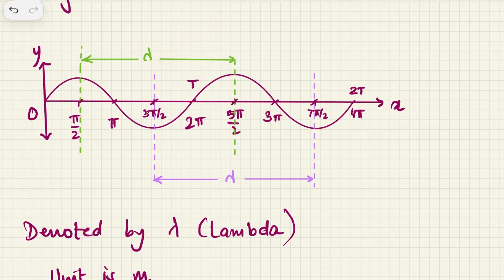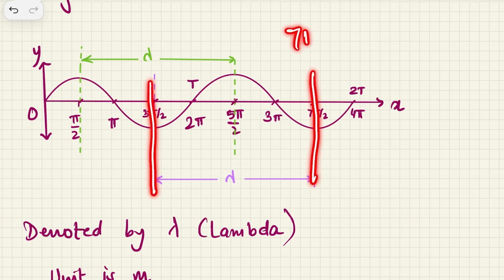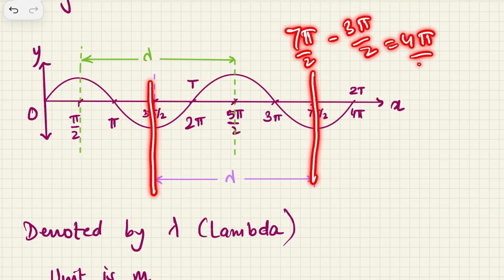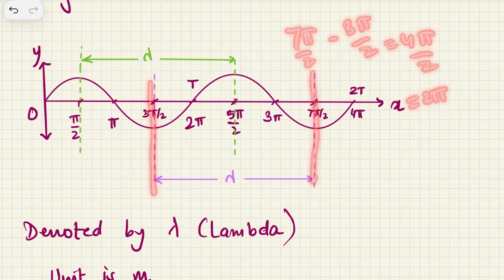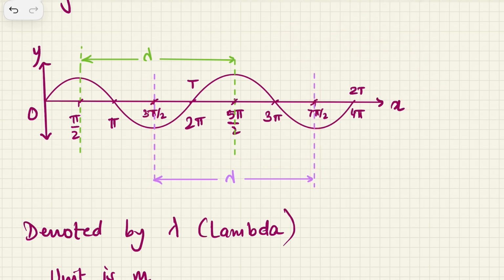Now you can take any 2 points here and do it. Say I take 7 pi by 2 and 3 pi by 2. 7 pi by 2 minus 3 pi by 2, I get 4 pi by 2, which is equal to 2 pi. Again, this distance will also be called lambda. There are people who also define it like this: the distance from a crest to another crest is called a wavelength.